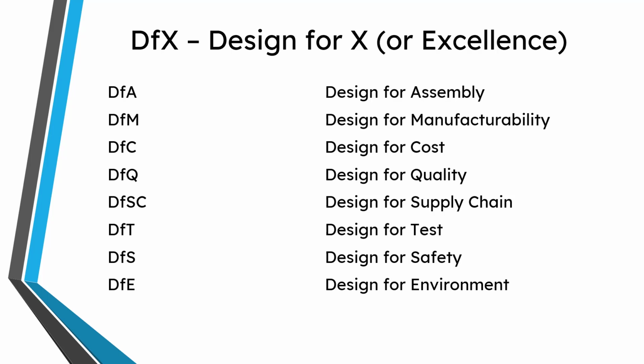So, for example, you have design for assembly, design for manufacturability, design for supply chain, design for environment, and this is by far not an inclusive list. Probably by the time that you're done watching this video, someone will come up with another DFX process.